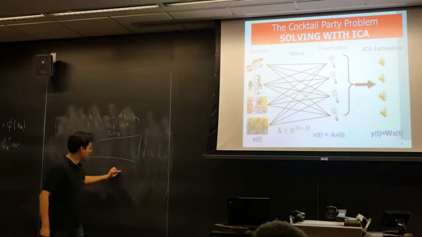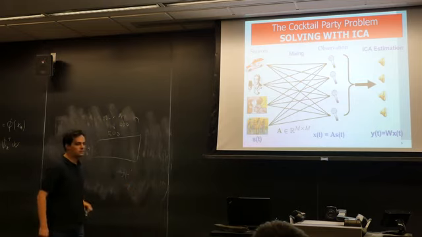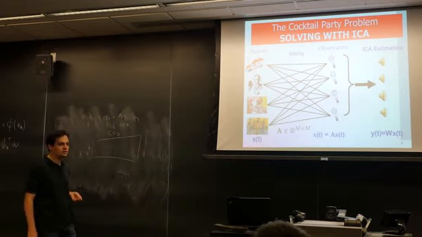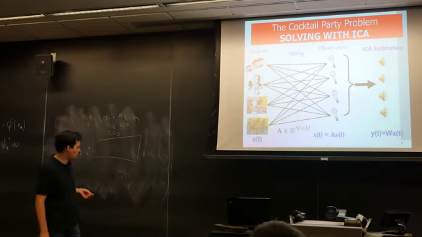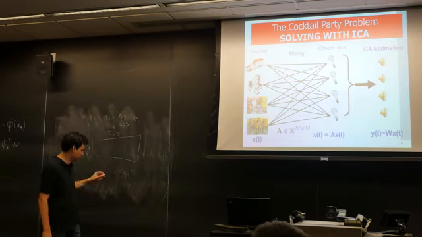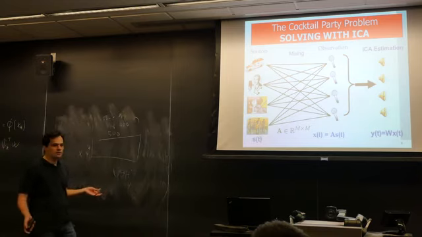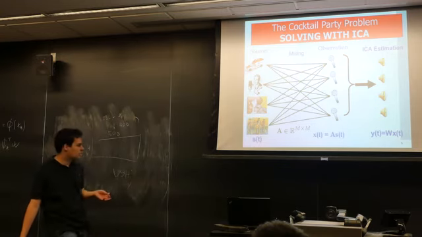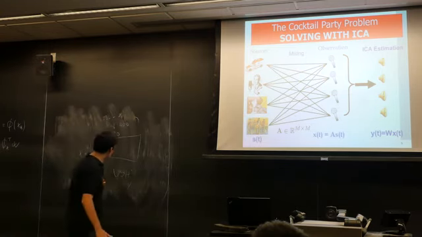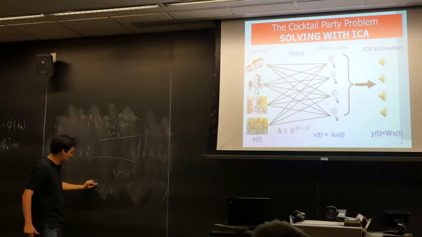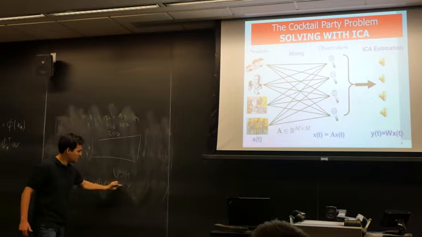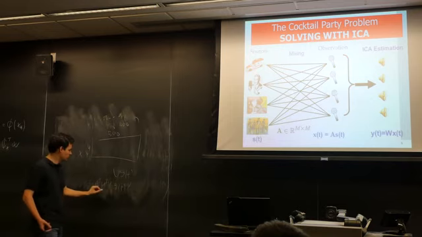So if I had S, that was my signal, and then I multiply this with the U orthonormal matrix, then the new covariance matrix would be S^T U^T U S. U was orthonormal, so this is identity.